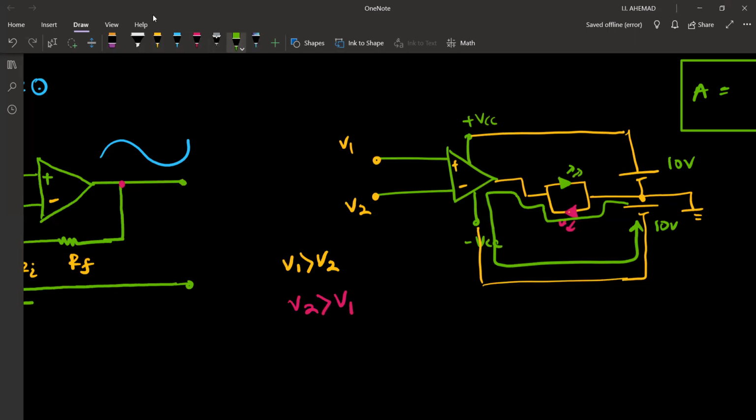Through the input terminal, there won't be much current. There might be a small current, but other than that, not much. So what the input terminal does is compare which one is larger. If V1 is larger, it will connect the plus VCC circuit. If V2 is larger, it will connect the minus VCC circuit.